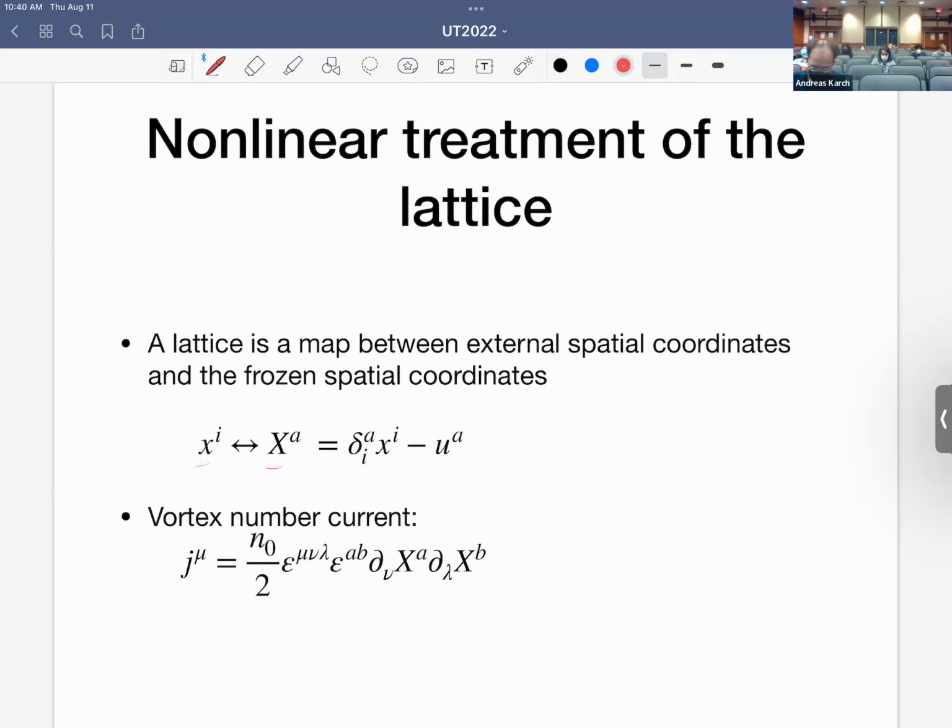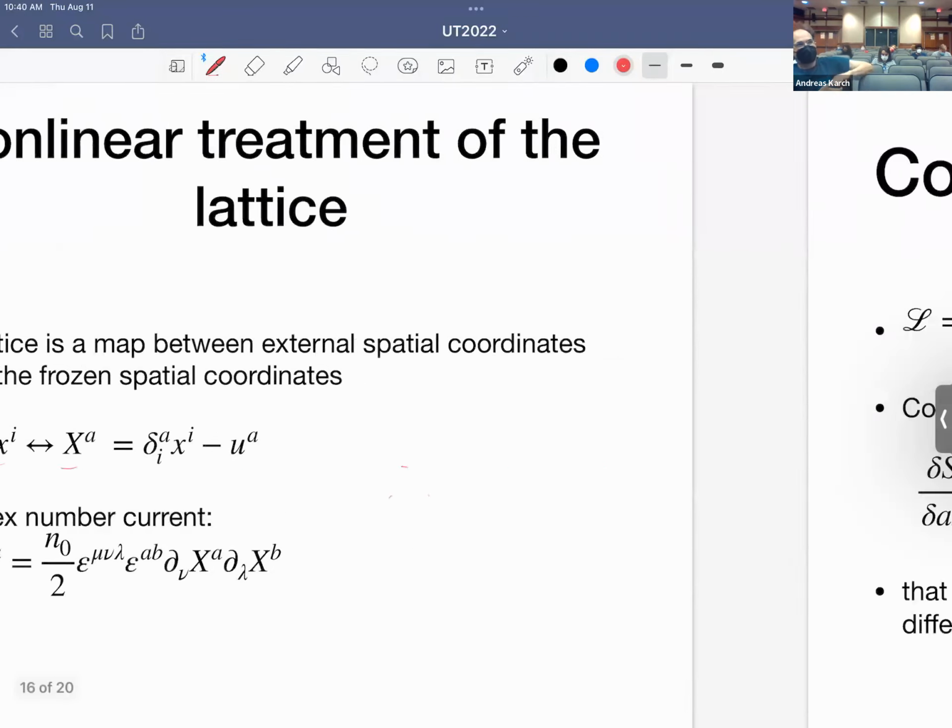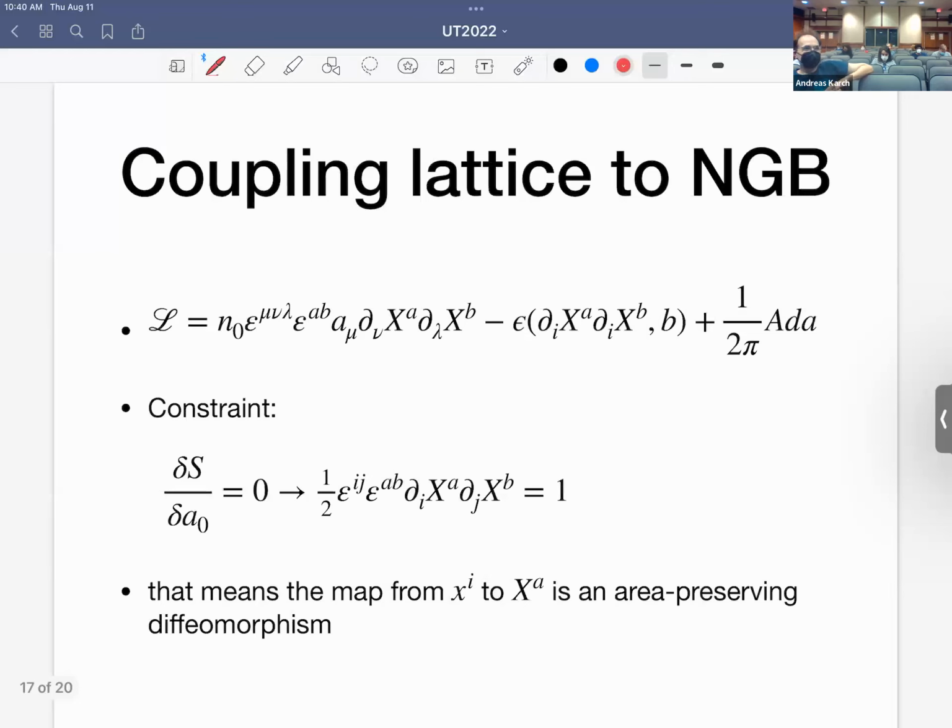So in this picture, each of these points is a vortex, so the vortex number current becomes a current that is conserved. And then let me identify the problem first: the constraint in this nonlinear regime becomes much more non-trivial. In the linear regime, we could have said that the displacement has to be divergence free.